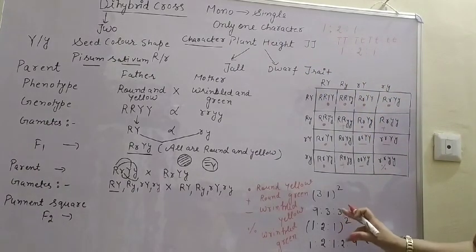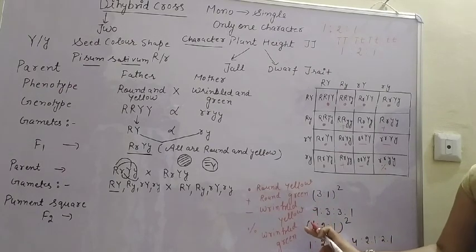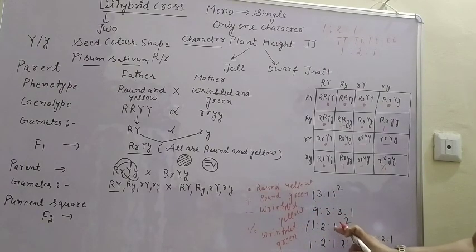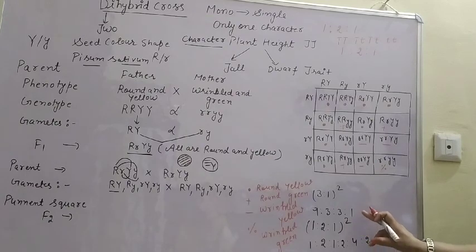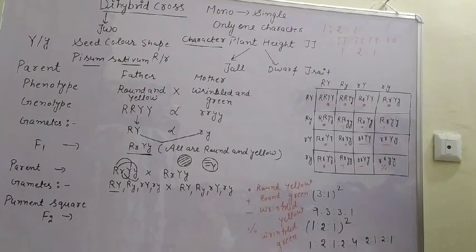So here also, the genotypic ratio of the dihybrid cross. For that we have to scale it. 1:2:1, we have to scale it. So what will be the genotypic ratio? 1:2:1, then 2:4:2:1:2:1. So how can you learn this? Firstly, if you are doing the scale, you have to write these three: 1, 2, and 1.